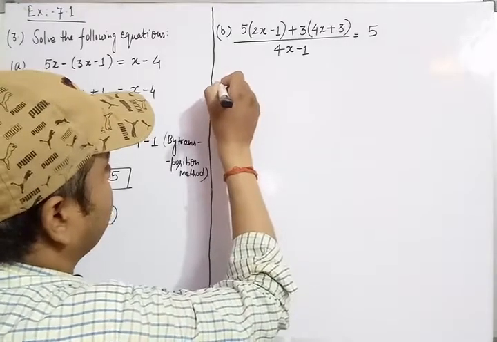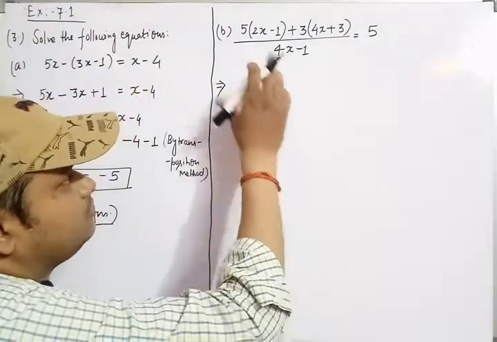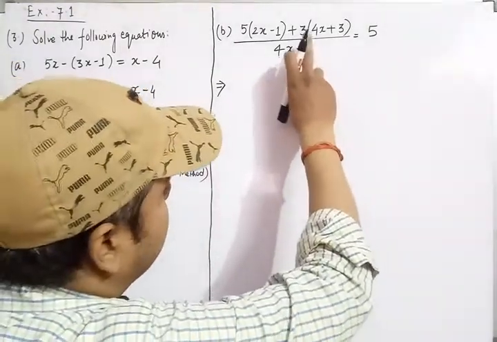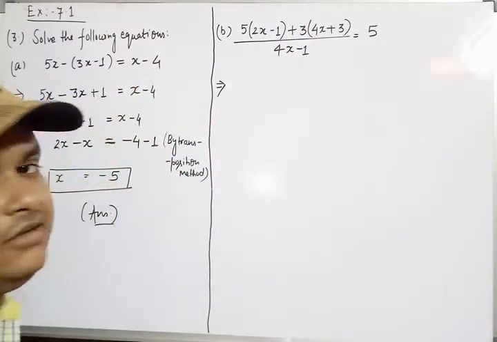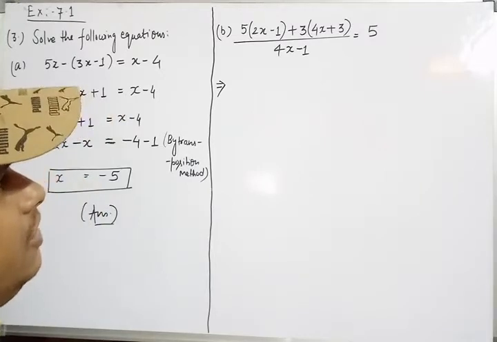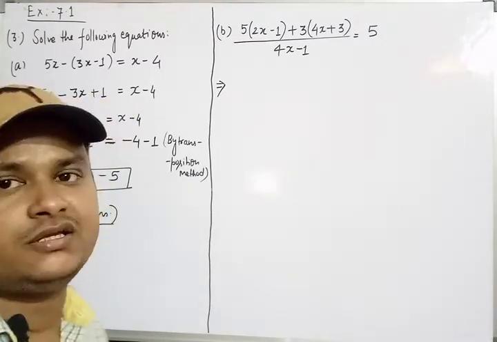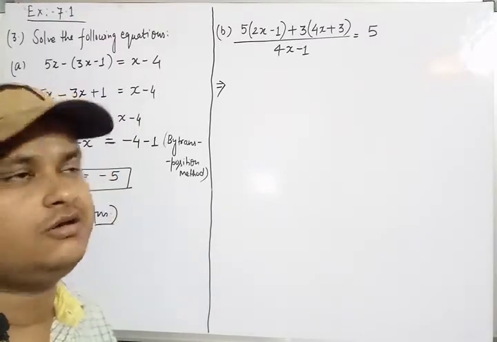Now we are moving to the second part, that is B part. Here the given question is in fraction form. I have explained that if any question is given in a fraction, then you have to apply the cross multiplication method.